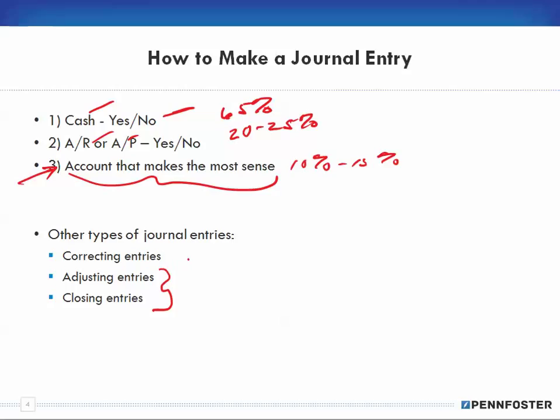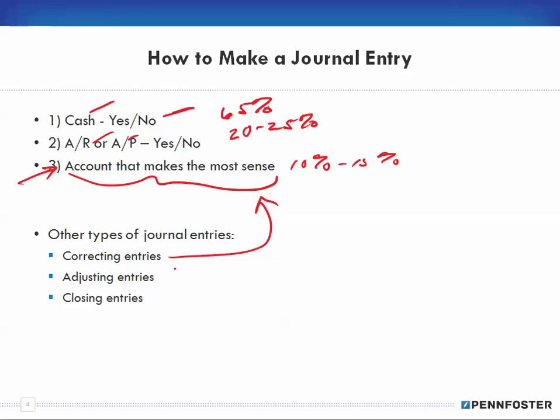But when we come to other types of journal entries, we have basically 3 other kinds. We have correcting entries, adjusting entries, and closing entries. Correcting entries we can make during the accounting period when we're making our other journal entries. If we know we made a mistake, we can immediately make a correcting entry to make sure that it's right.